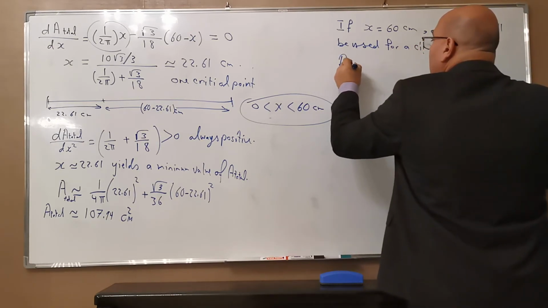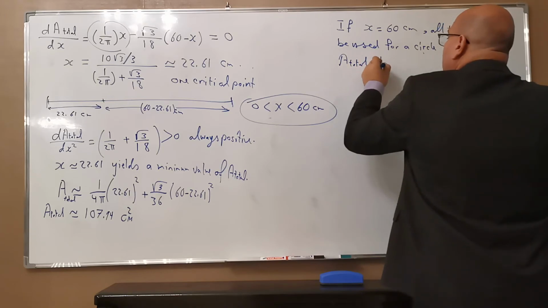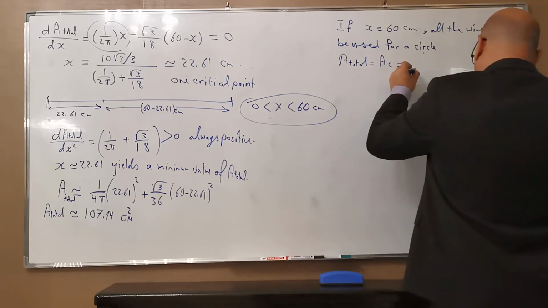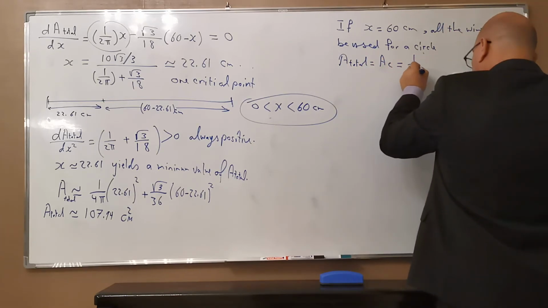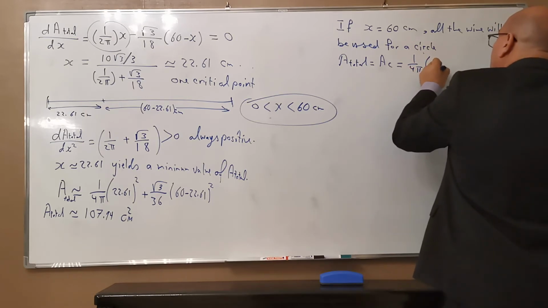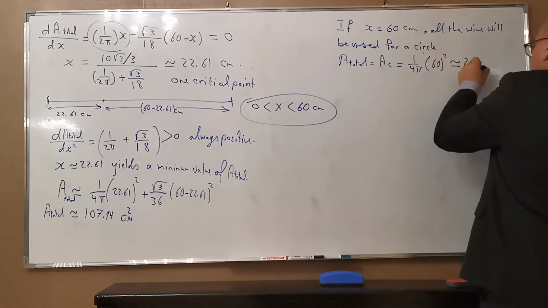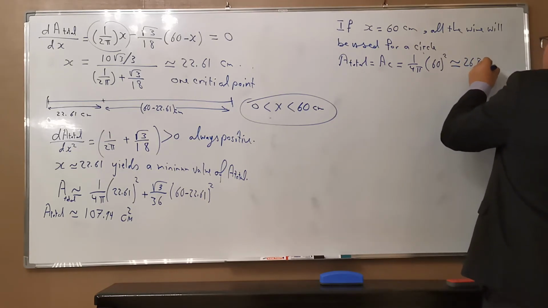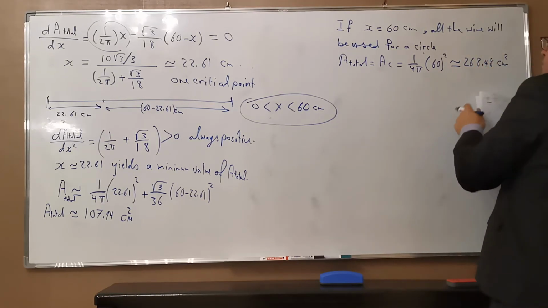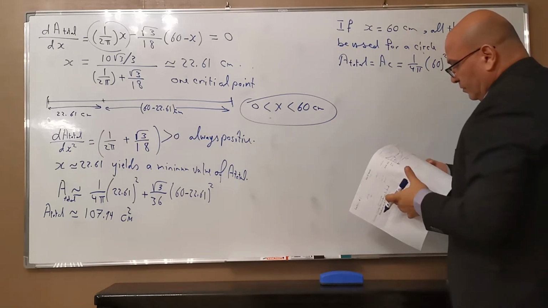And A total equals AC equals 1 over 4 pi times 60 squared, and this is 268.48 square centimeter.